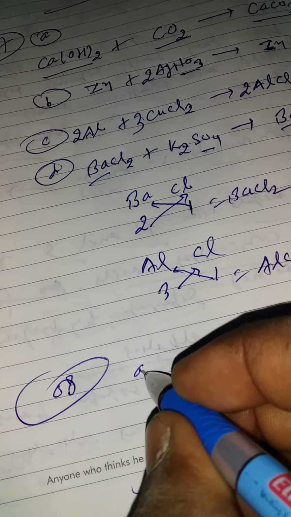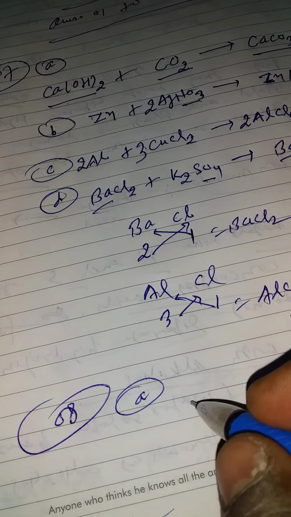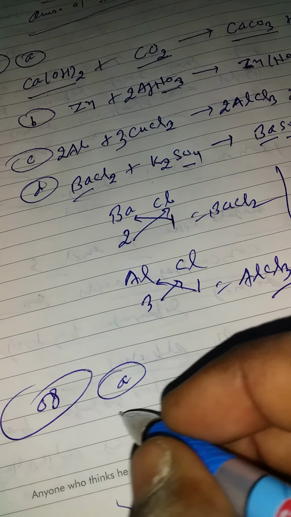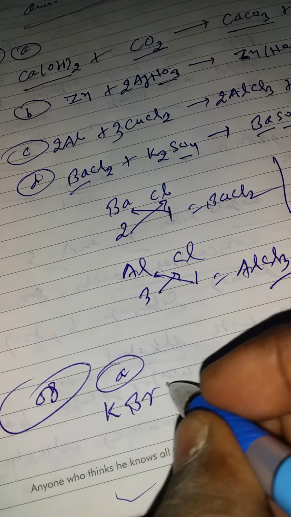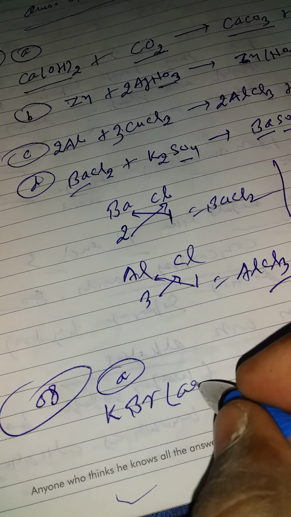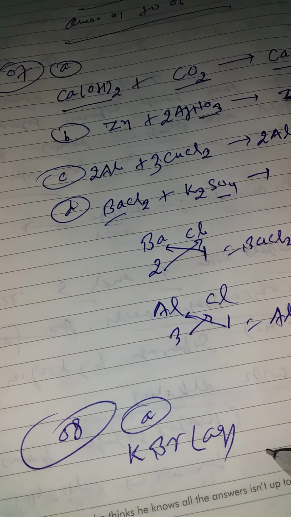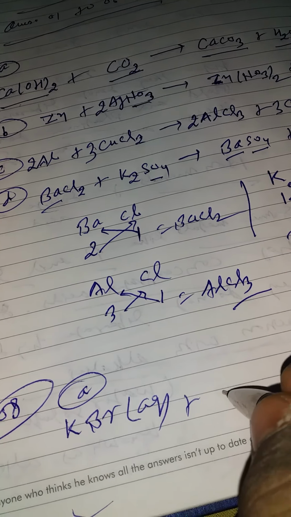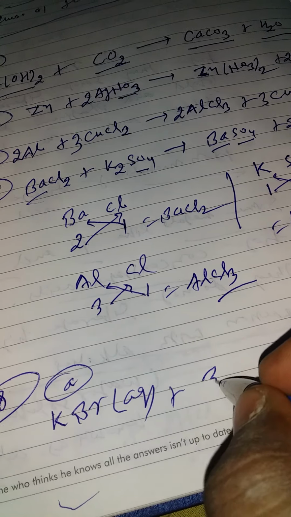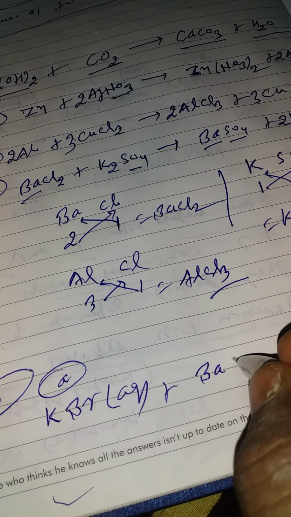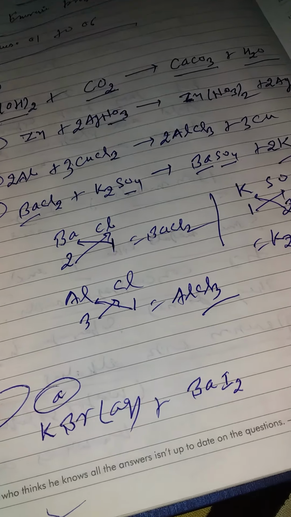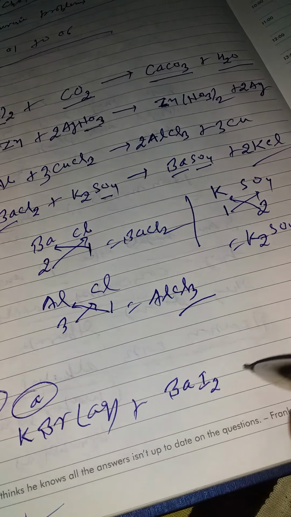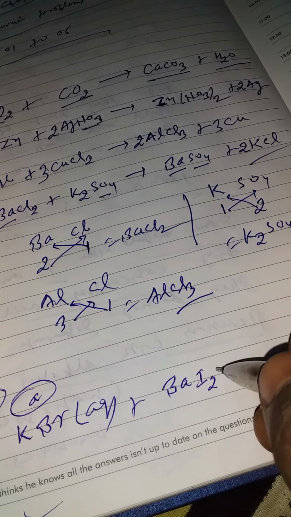So start question 8a, potassium bromide, KBr, aqueous. Potassium bromide reacts with barium iodide. Formula of barium iodide is BaI2, because barium has 2 plus charge and iodide has 1 minus.